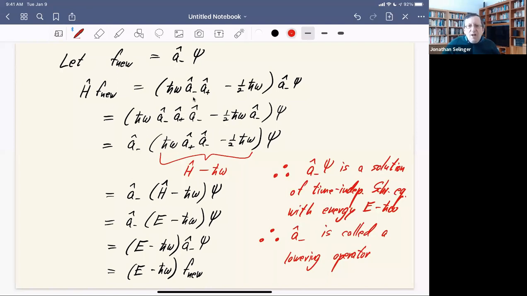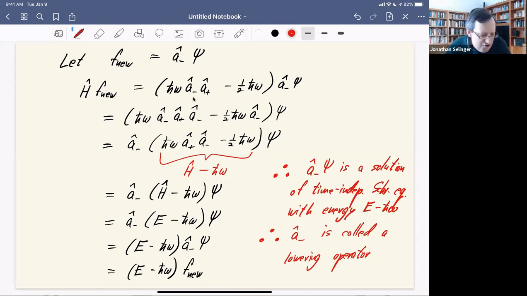Okay, so if only we had one solution to Schrodinger's equation, then we could generate as many solutions as we want, right? We could hit it with A plus, it goes up in energy. We could hit it with A minus, it goes down in energy. And we could keep repeating, hit it with A minus twice, 3 times, 4 times, it's going down. Hit it with A plus, it keeps going up, right?